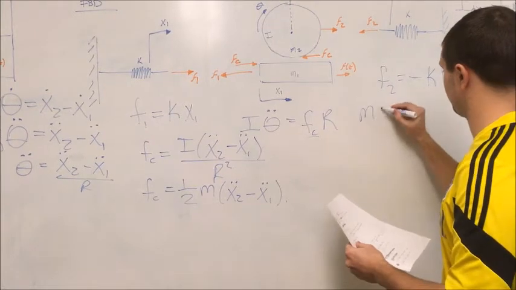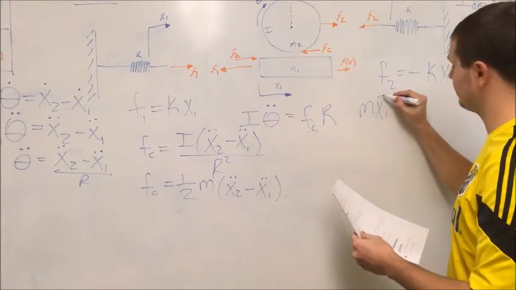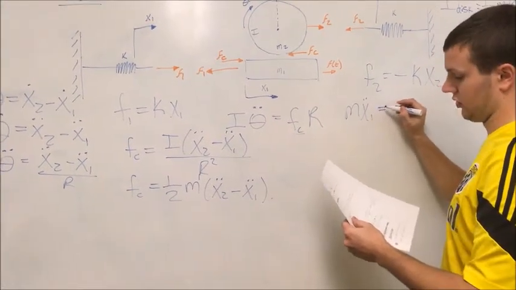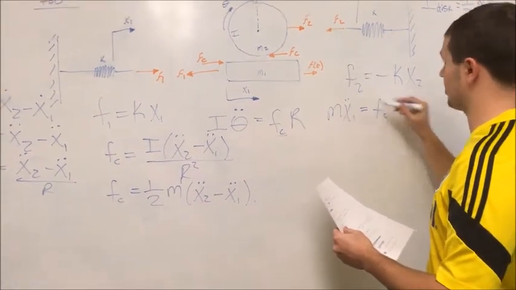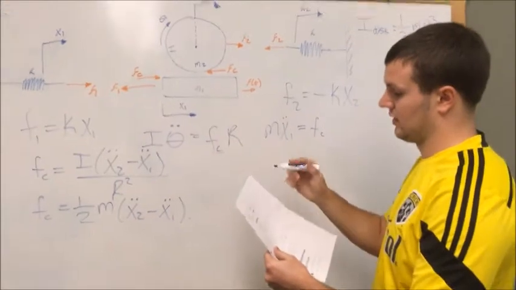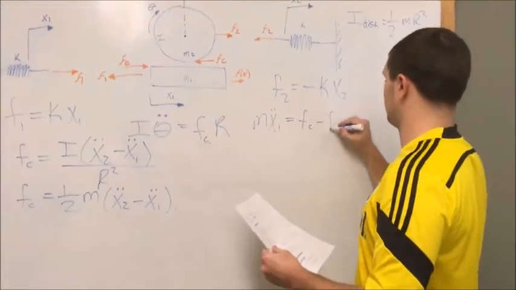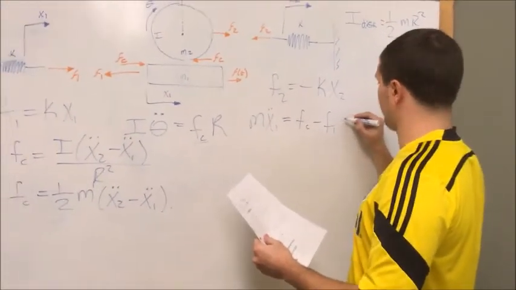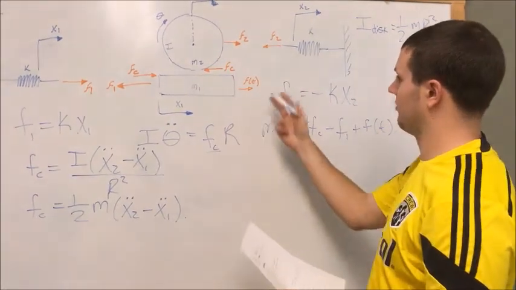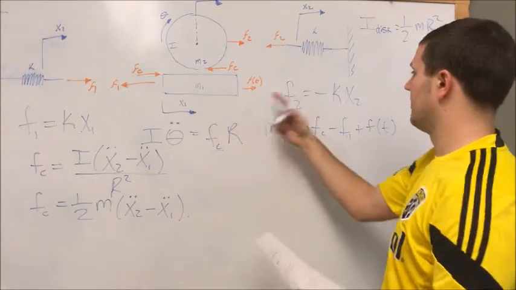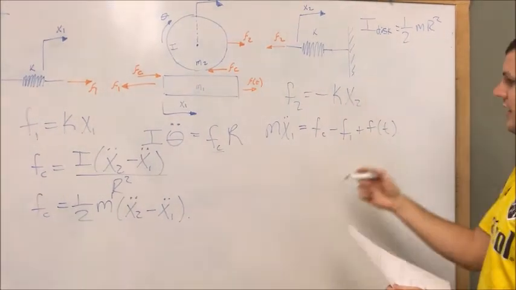M x1 double dot, the acceleration, equals F of C in the positive x direction as specified by x2, minus F1 plus F of T. And you can see that right from the free body diagram, negative F1, positive F of T, and that should be good.